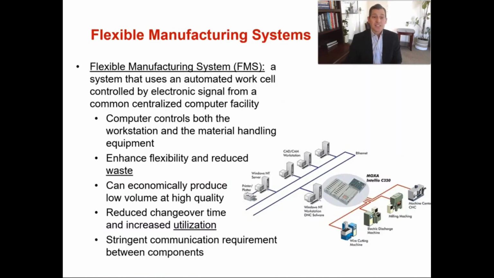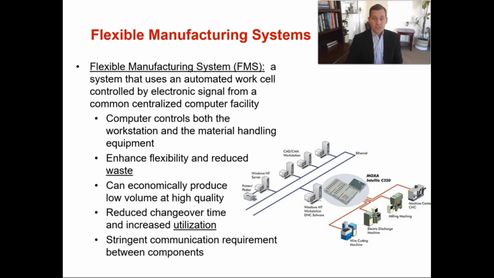Okay, next is flexible manufacturing systems. These are systems that use an automated work cell controlled by electronic signals from a common centralized computer system. And so the key here is that it's computer controlled, and they make changes easily. The operators can simply load new programs so they can make different kinds of products.